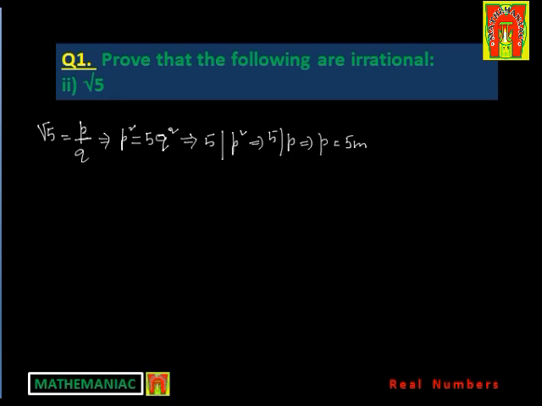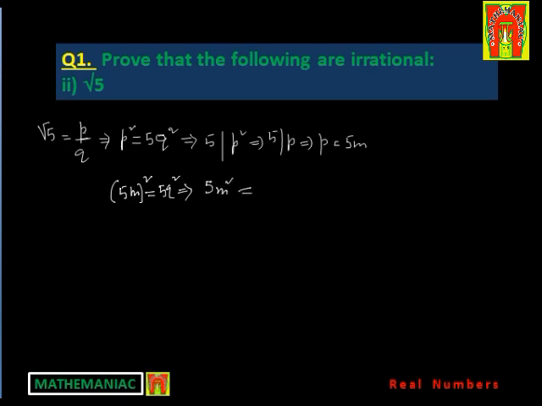Now this 5m will be put here. So what will I get? Sorry, this I have to remove. Where I have to keep p square, what do I have to write? 5m square. Then this is 5q square.